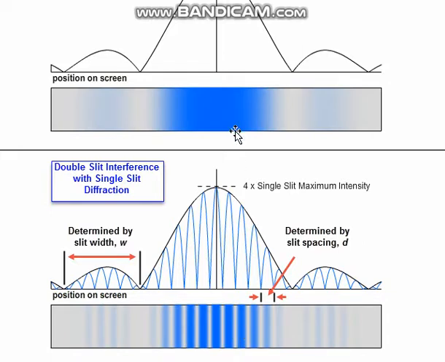This is the difference between single slit and double slit. Here there is a continuous spread of the light in the central bright band, but here there is an envelope of the bright band.